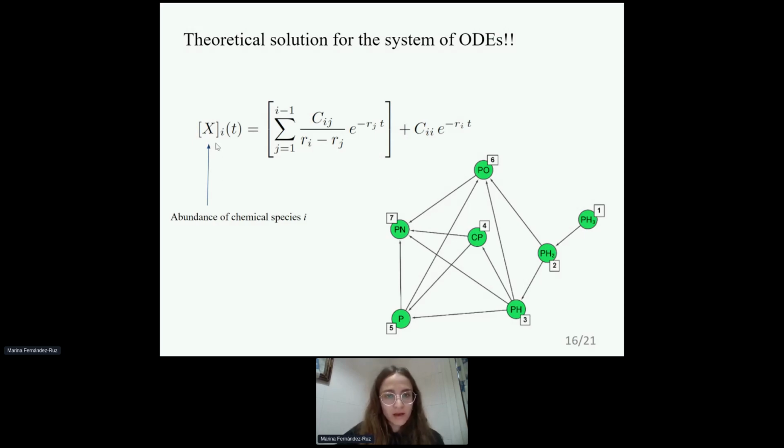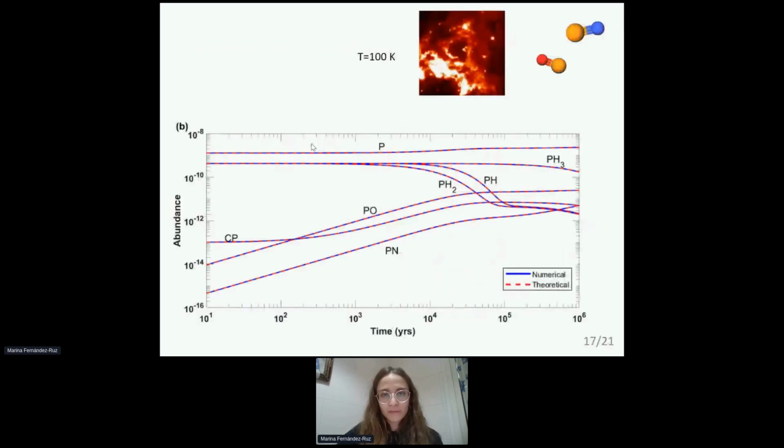This formula accounts for the abundance of each chemical species with the index i, which corresponds to any one of these small networks, at any time and any temperature. In the formula, we have just constants, C and R, that depend on the parameters of the model. This is a very powerful tool because we can calculate the abundances at any time.